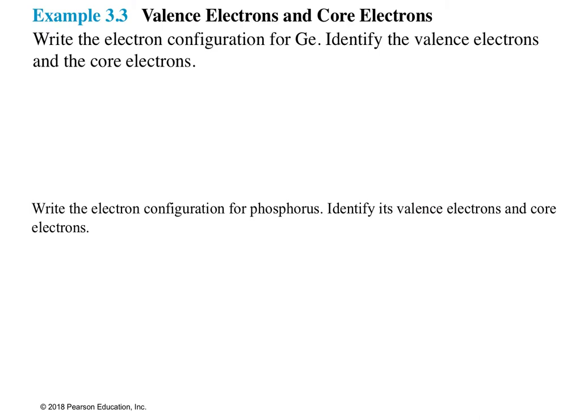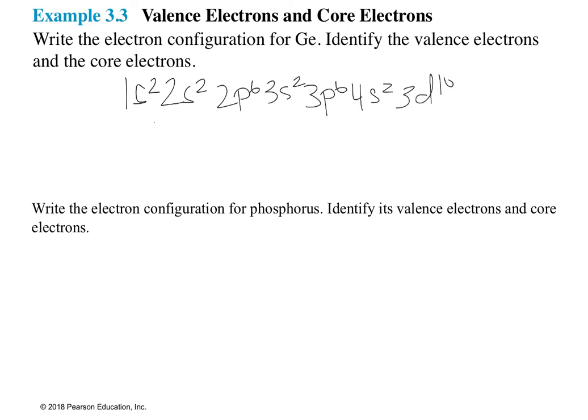So we're going to write the electron configuration for germanium, Ge, and then identify the valence electrons and the core electrons. So germanium is in the p block. So its electron configuration is 1s2, 2s2, 2p6, 3s2, 3p6, 4s2, 3d10, and then 4p2.